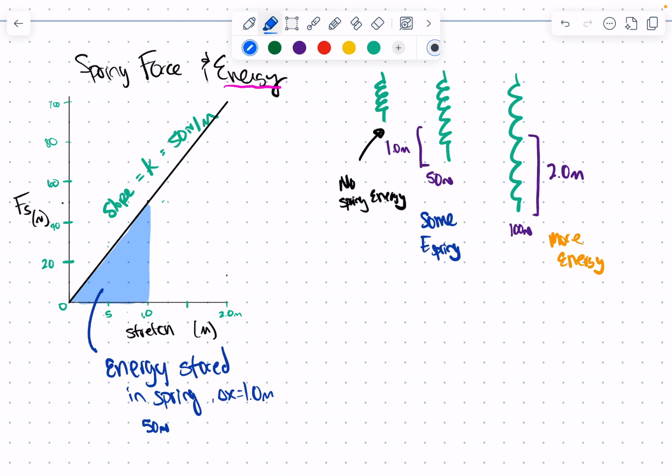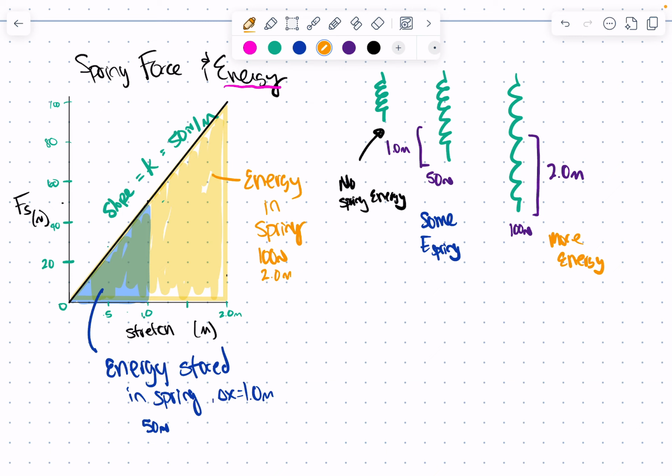And you can see that if we look at this area, this area is actually going to be much larger, and this is going to represent the amount of energy in the spring when there is 100 newtons of force and it is stretched 2.0 meters.